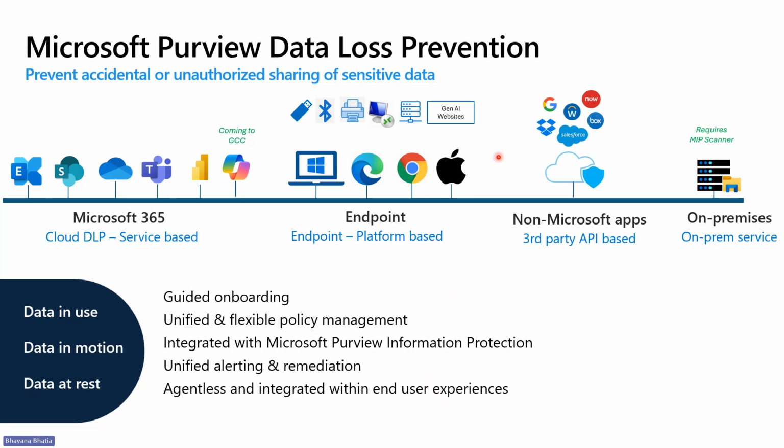You can apply Purview DLP policies to various locations like Exchange, SharePoint, OneDrive for Business, Teams, Power BI, Microsoft 365 Copilot, endpoints, on-prem file shares, and also third-party SaaS apps. Each of these locations offers different actions to prevent data loss.